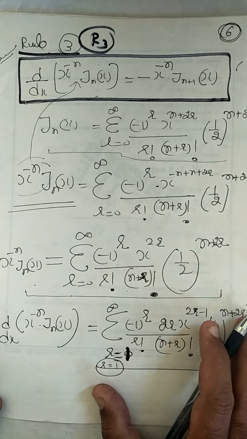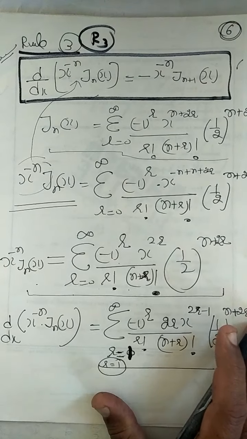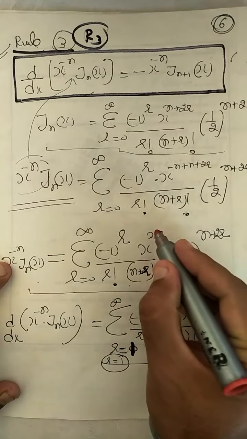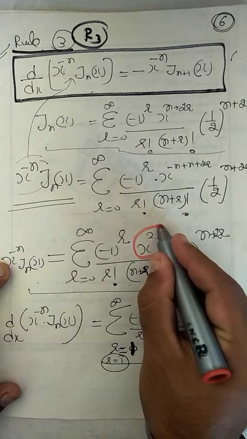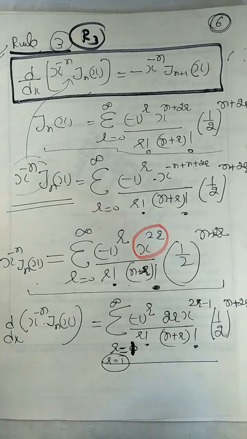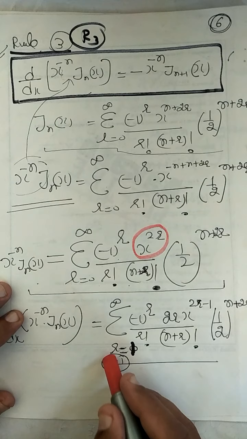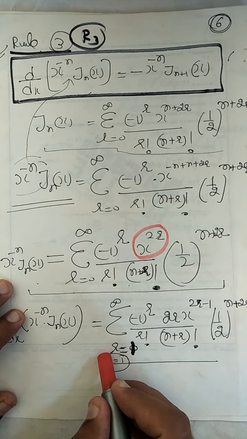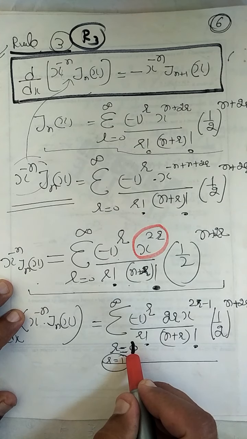Now differentiate. We will differentiate only the variable, and the variable is x raised to the power 2r. Here I take r equal to 1. Why r equal to 1?